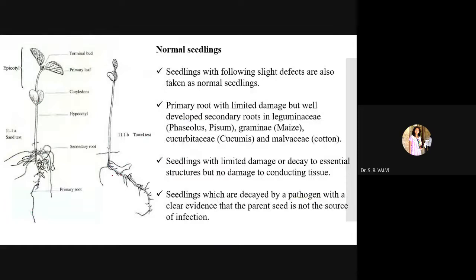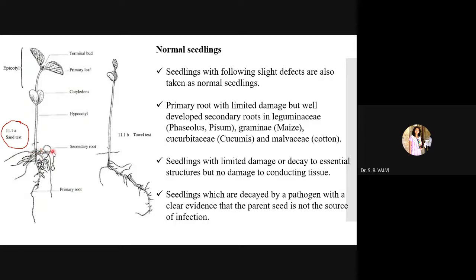Now the next, see here. This is the seedling which is formed in sand, and this one is the towel test, right? So here you can see this is the primary root, same here in this one. The secondary roots which develop on the primary root are called secondary roots, right?